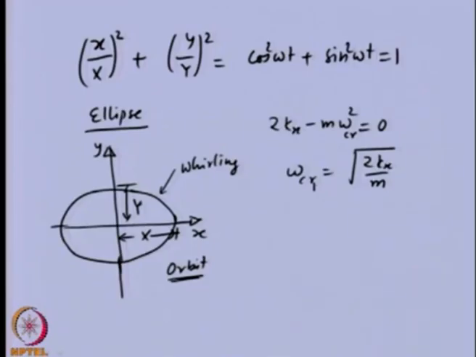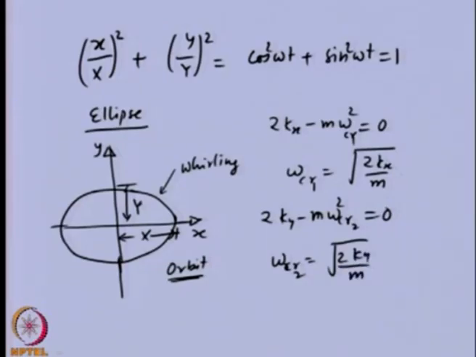This is one of the critical speeds. If we put the denominator of the second expression corresponding to the y displacement equal to zero, we will get another critical speed, that is the second critical speed. The expression for that will be root 2 ky by m. So, you can see that we are getting one critical speed here, another critical speed here.